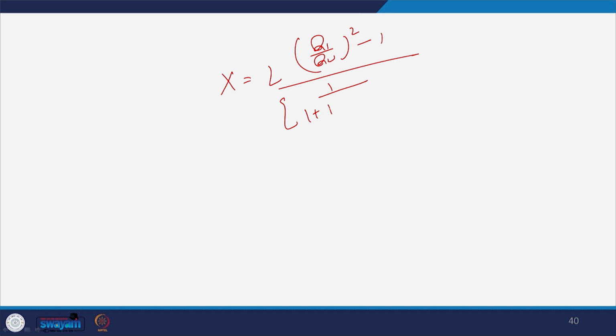So, the equation becomes x is equal to L times (Q1 upon Q2 square minus 1) upon (1 plus D2 8 by 3 upon D1 minus 1).